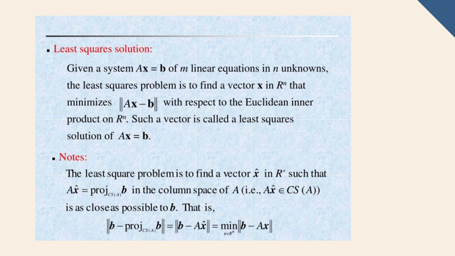In other words, we are looking for a vector x hat such that A times x hat equals the projection of b onto the column space of A, meaning A x hat is the closest possible point in the column space of A to the actual vector b.